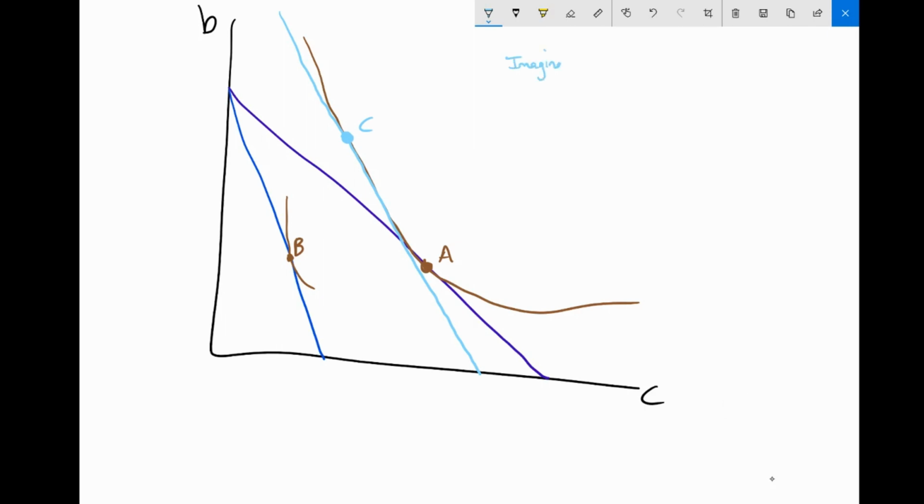Imagine if price went up from PC up to PC prime. Okay, so price goes up from PC to PC prime, but the agent is given income to compensate for the price change.